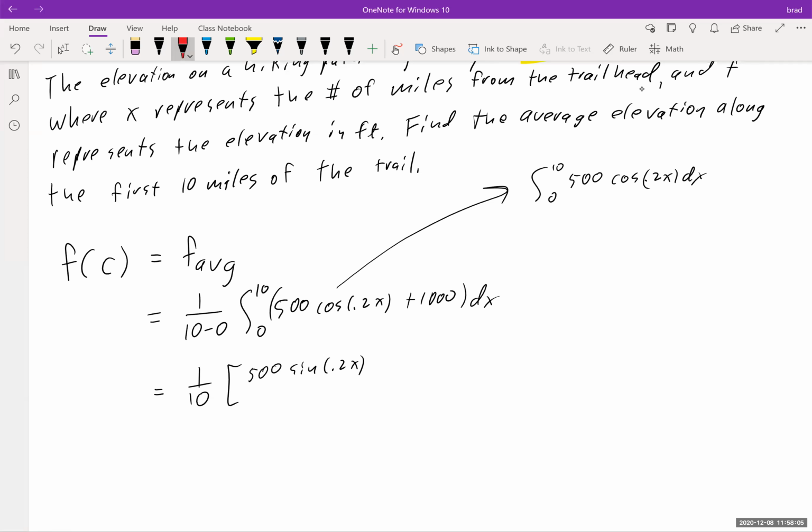So we say u is equal to 0.2x, so then du is equal to 0.2 dx. Divide both sides by 0.2.